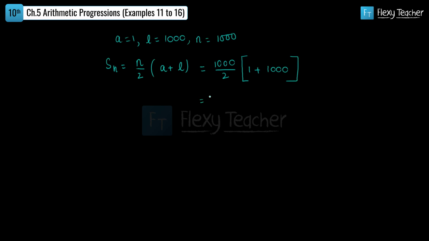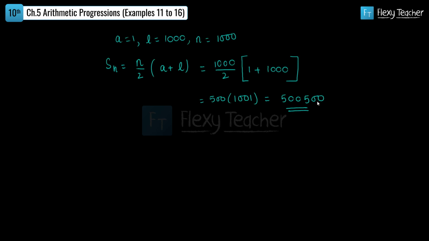So this is 500 into 1001 and this is equal to 500,500. So the first 1000 positive integers will have their addition as 500,500.